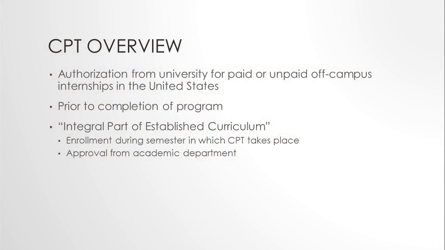For a graduate student, it's going to happen during their second year, potentially third or fourth year if they're a doctoral student. And this is normally for an internship or a co-op that is going to be off campus, and it needs to be an integral part of the established curriculum of the university.